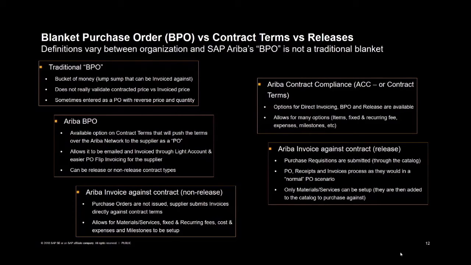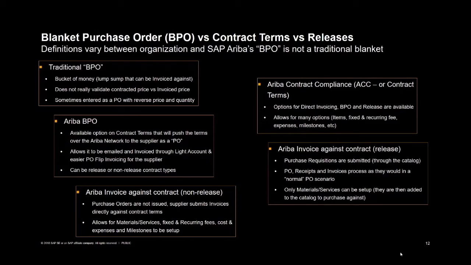Ariba invoice against contract non-release is where you're going to set up these line items, and again, the supplier is going to punch in and submit invoices, and this is basically materials, services, fixed and recurring fees, and cost and expense, where you can set that up. Then you have invoice against contract release. This is effectively where you're going to cut requisitions against your contract through a catalog process.